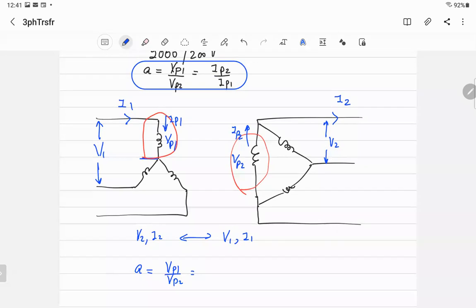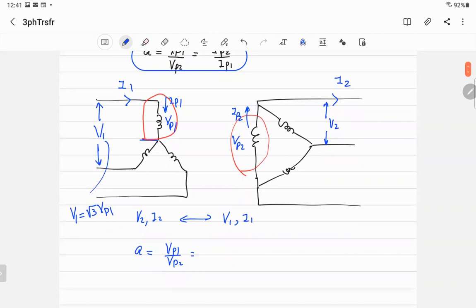Obviously, V1, the line voltage, is equal to square root of 3 times V phase 1, right? That's in the star, we know that. If you forgot, just tell me and I'll refresh it. So I will replace V phase 1 by the equivalent V1 over root 3.